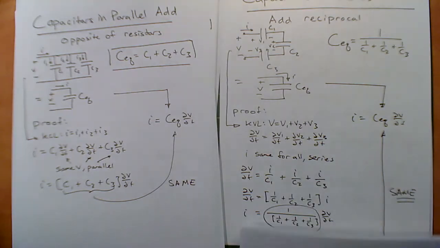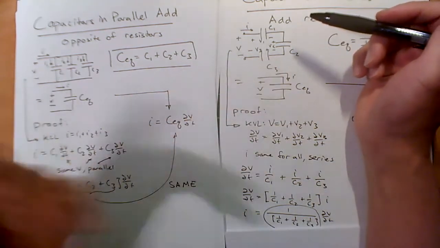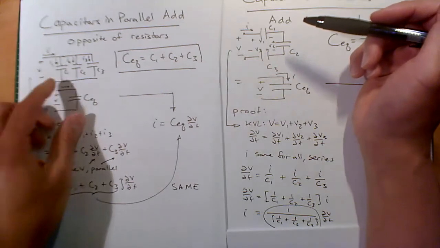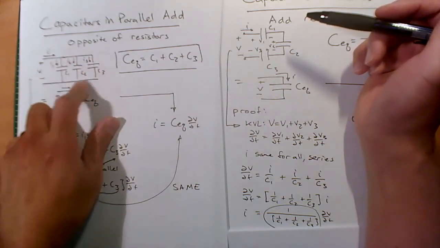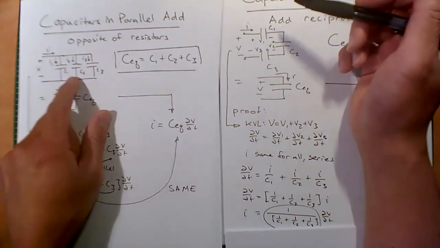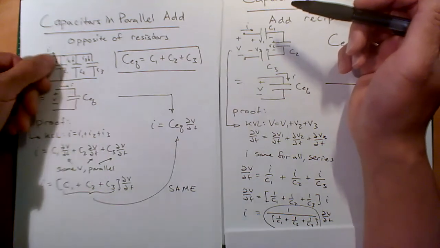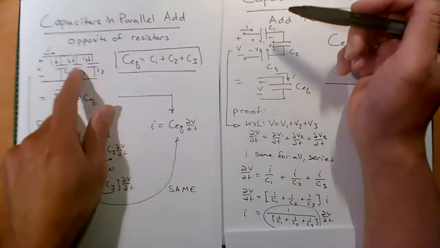What else can we note about this? Why would you use this over this? Well, here you get an increase in capacitance. And if, let's say, you're load sharing all that current, that's kind of nice. And typically you see that.